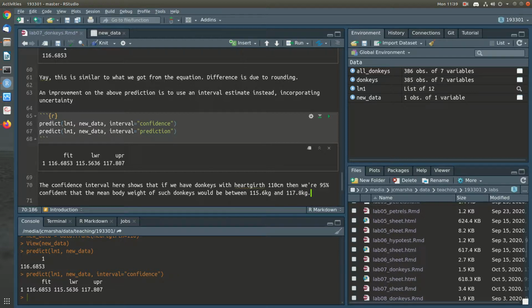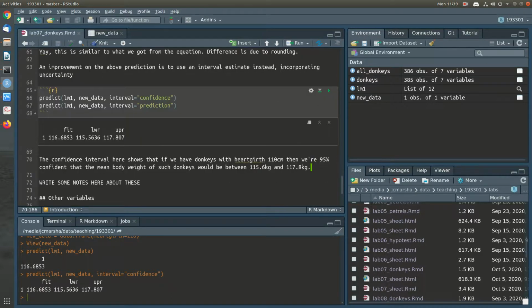Essentially what we've done is incorporate the uncertainty in what the slope and the intercept are in that equation, the uncertainty in the equation, because the equation is generated from a sample of data and not the population. So this is the corresponding population mean for donkeys of heart girth 110 centimeters.